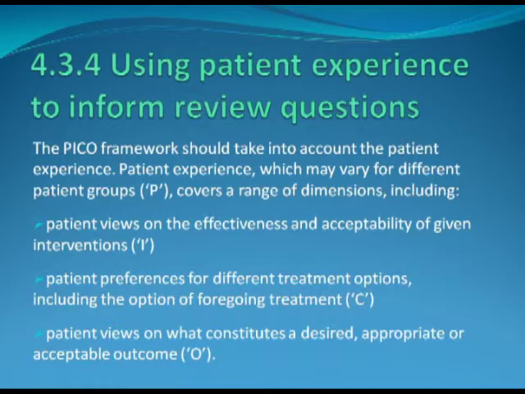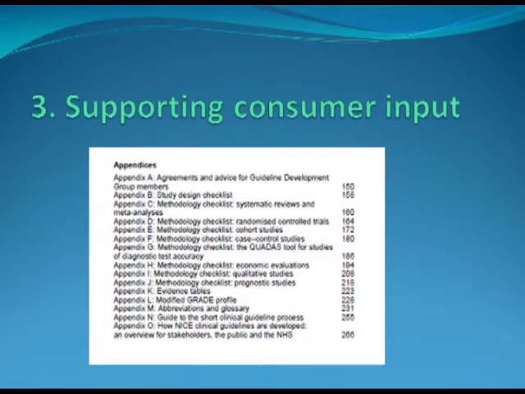And there are all these appendices on the methodology for how you do the systematic reviews, how you check the quality of your included studies. All this methodology, but there isn't anything to guide guideline development groups on bringing in consumer information and patients' views.